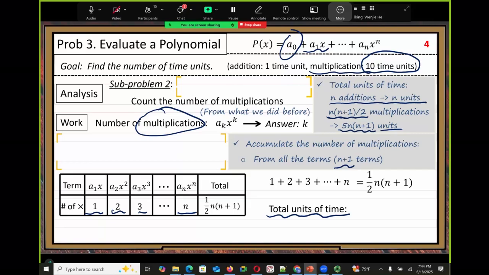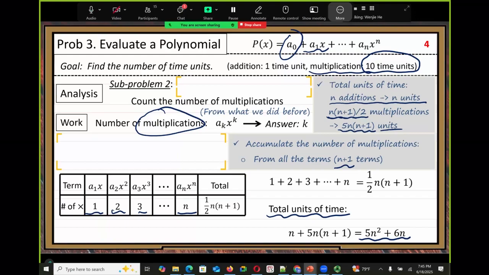We multiply the multiplication formula by 10 to get the unit number. Then the total units number is the addition contribution n plus the multiplication contribution 5n times n plus 1. Adding together, the total unit number is 5n squared plus 6n.